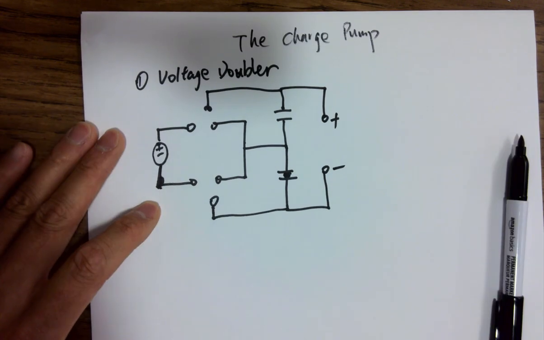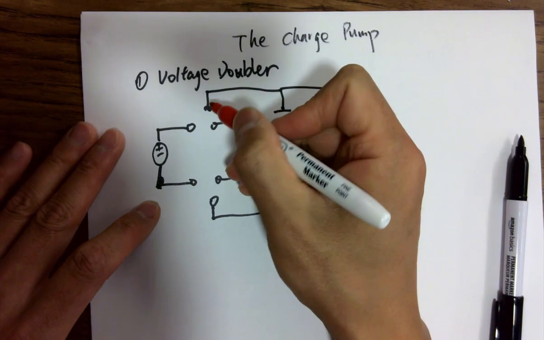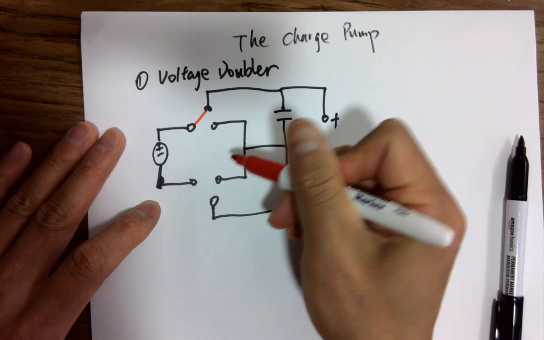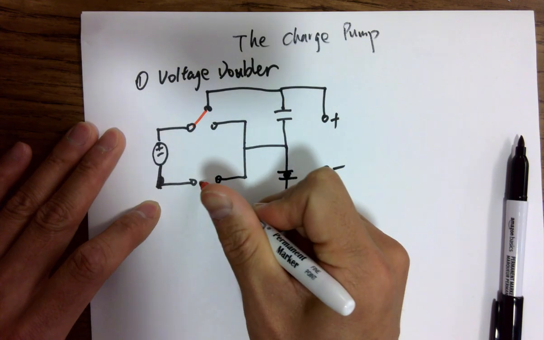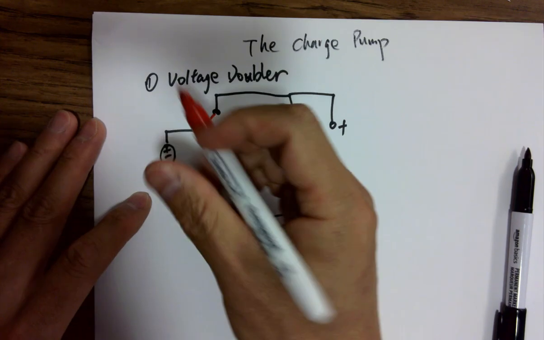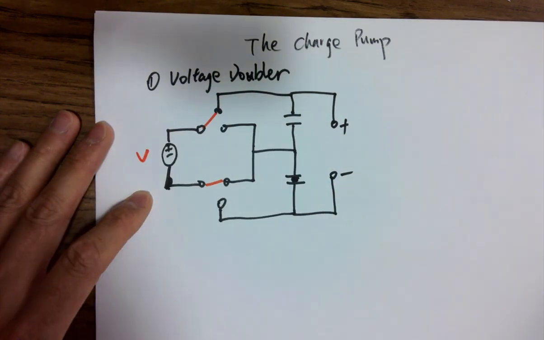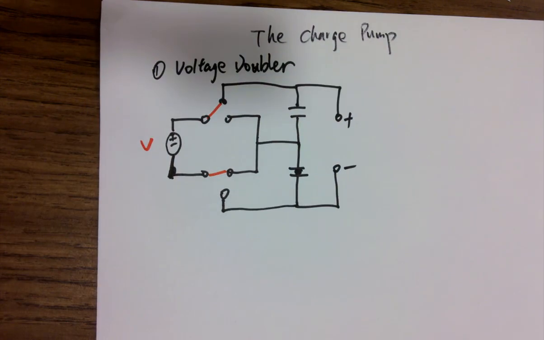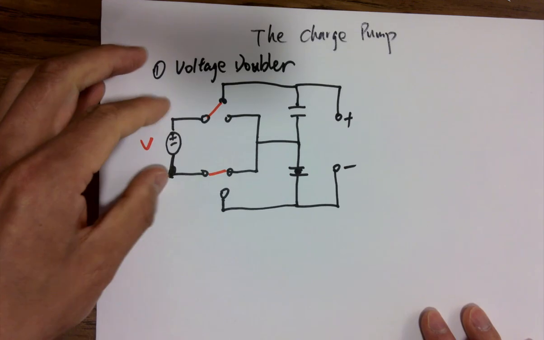So you have a switch. You can either short it this way. So first, if you put the voltage, like voltage V, yeah. If you do this, what's going to happen?